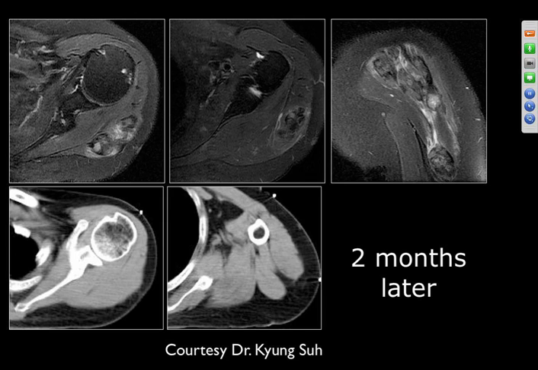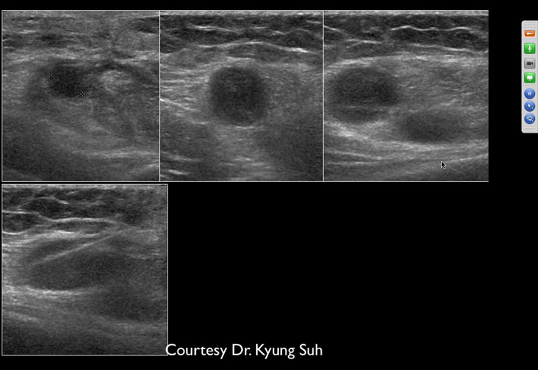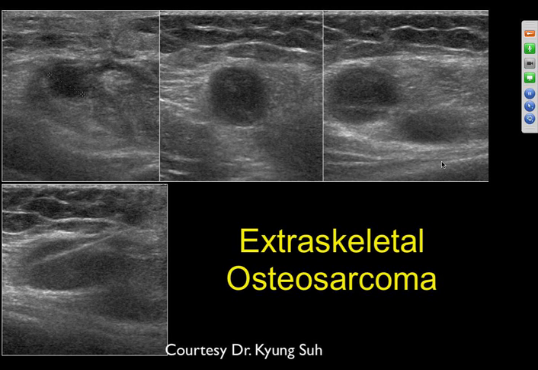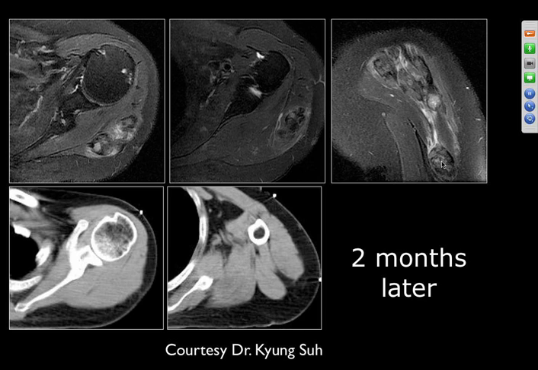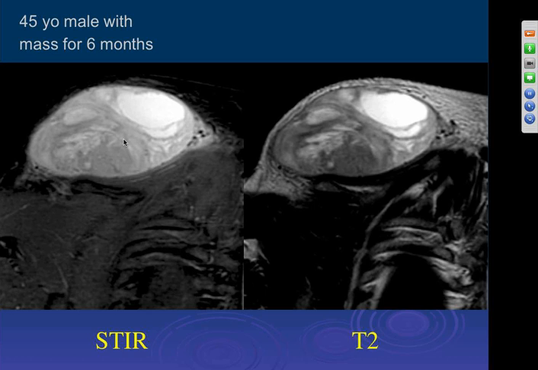I'd be concerned about it infiltrating in the areas of low signal. So this was an extraskeletal osteosarcoma. Though you don't really see a lot of matrix on the CT, it was present on the pathology.